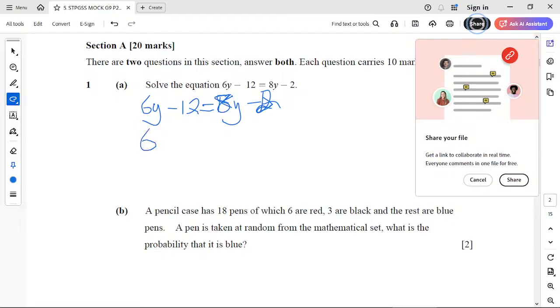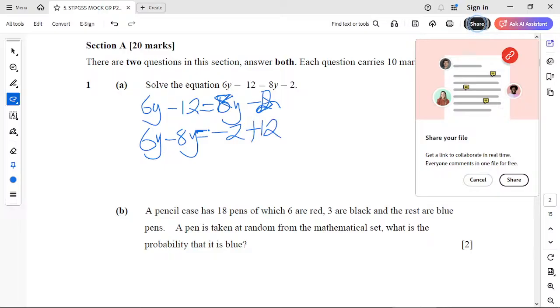That means I'm going to have 6y here, then 8y will cross the equal sign and become minus 8y, which will be equal to negative 2, then 12 will cross and become positive 12, like that.